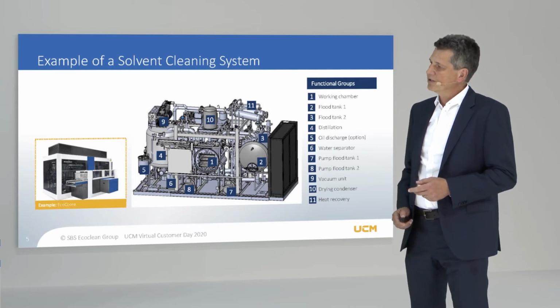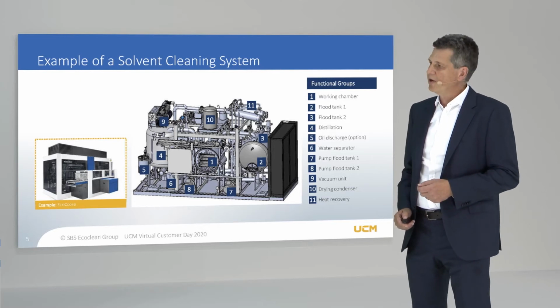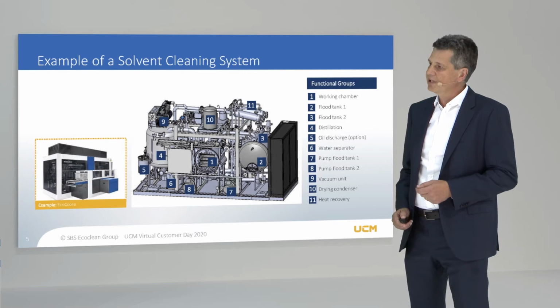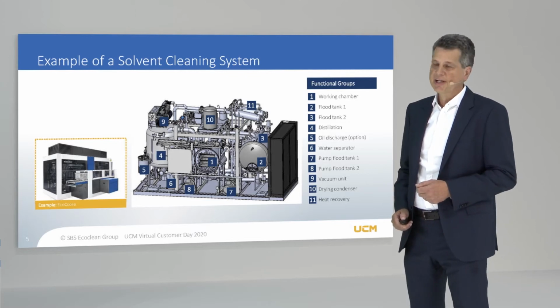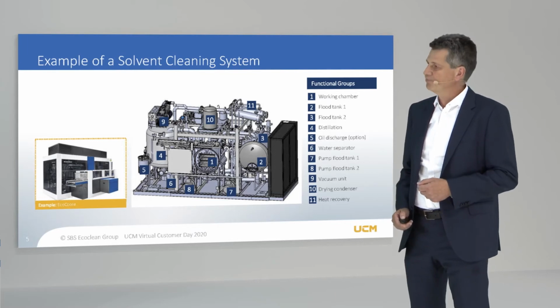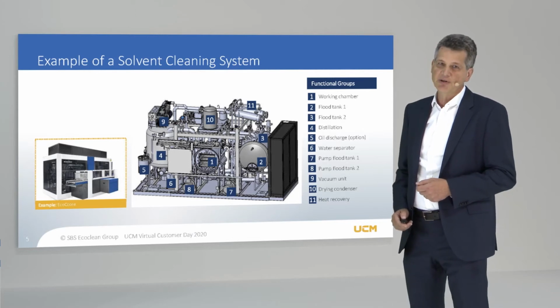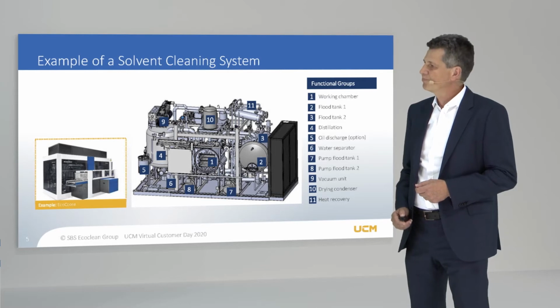And also you see the water separator to take out the water, marked with 6. And optionally, we also show the continuous oil discharge unit, which can dispose the oil during the operation of the machine.